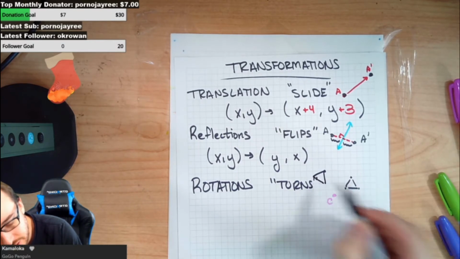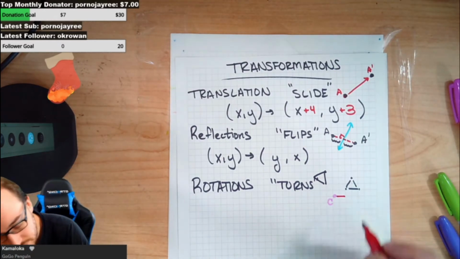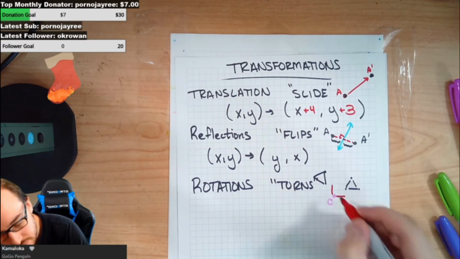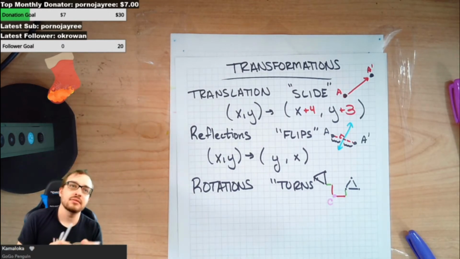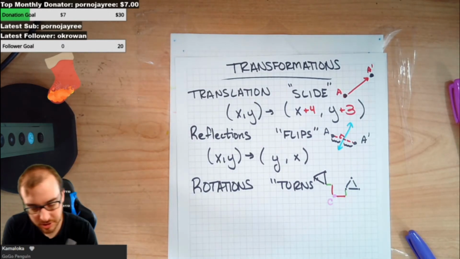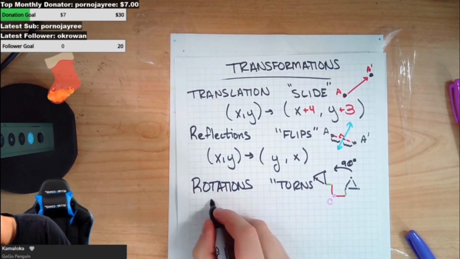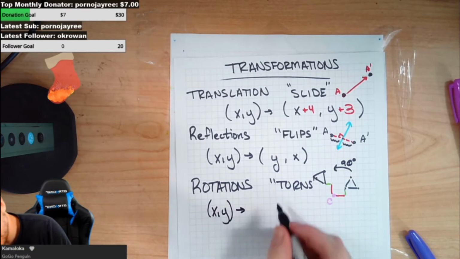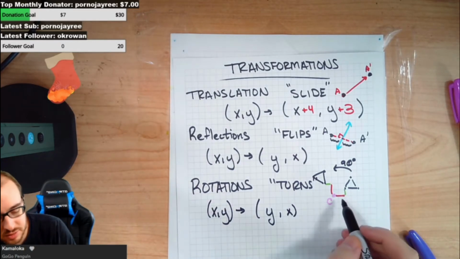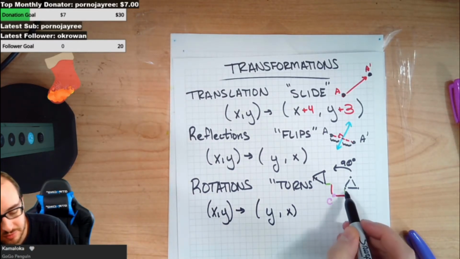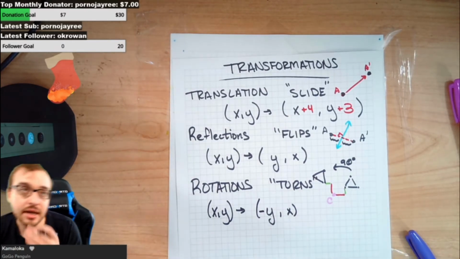So my triangle would end up right here after 90 degrees clockwise rotation, or counterclockwise, I should say. And that's because you can imagine a little bit of a pinwheel. Some L's turning. And that's going to be a 90-degree rotation. In this case, it's clockwise. So an example of that would be taking your original coordinates and applying this rule. X and Y are going to switch spots. And that's because the horizontal part here becomes vertical after we're done, and the vertical part becomes horizontal, so they switch. And then we're heading to the left, so the first guy is going to get negated.